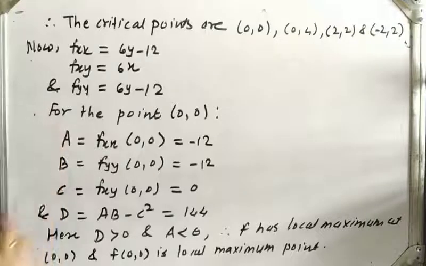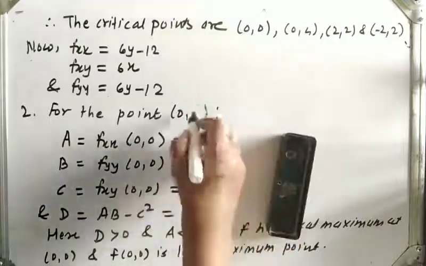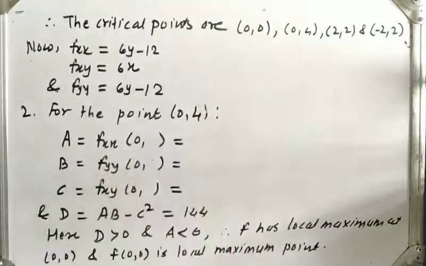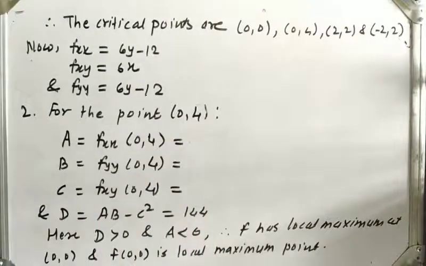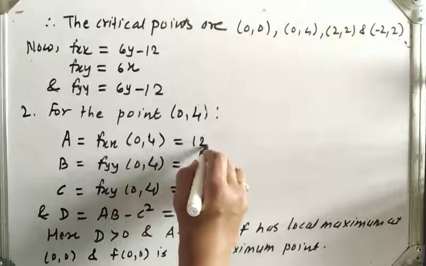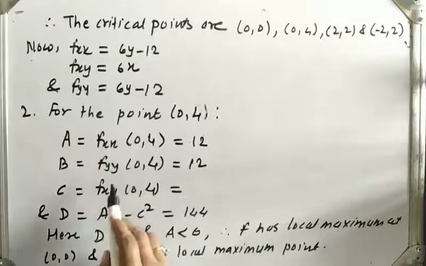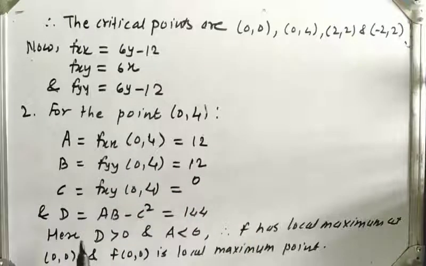Now for the point 0 4, calculate these values. Put 4 for y, so fxx at 0 4 will be 12. fyy at 0 4 will also be 12. fxy at 0 4 will be 0. And d is equal to ab minus c square, that will be 144.